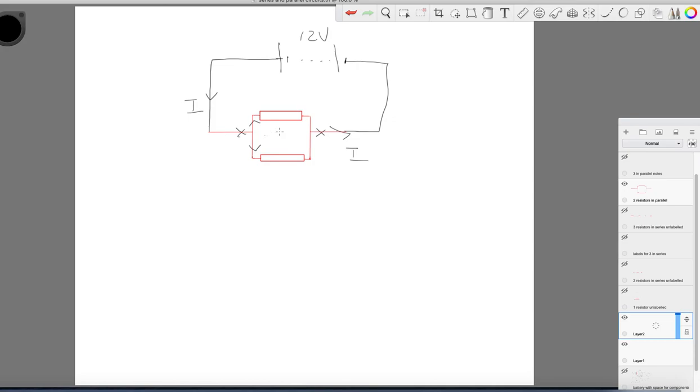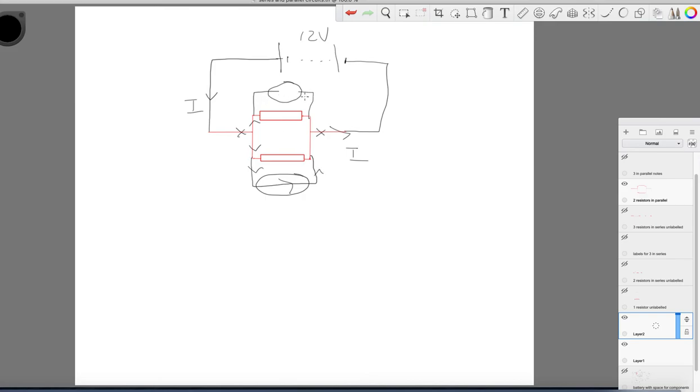And how that division is made depends on how difficult these are to get through. If you imagine, in an extreme situation, if I put another one in here, if I made that one of my parallel branches, well, this is a break in the circuit, right? This is a hole. So this is a massive resistance. This is really, really hard for the current to get through. Whereas if I was to go to the other extreme and I just had a piece of wire in there, well, that's really, really easy. So virtually all of this current would go that way.